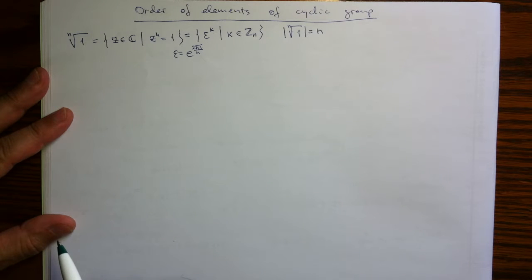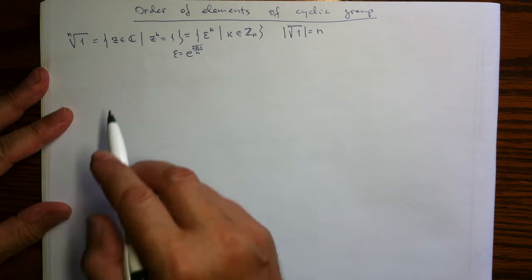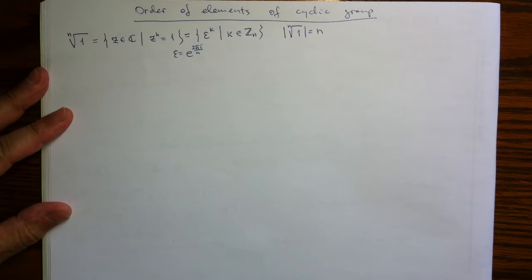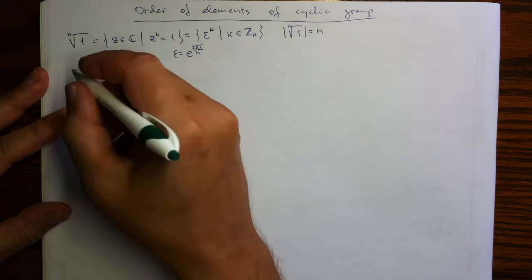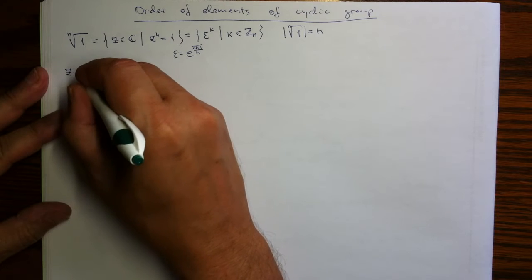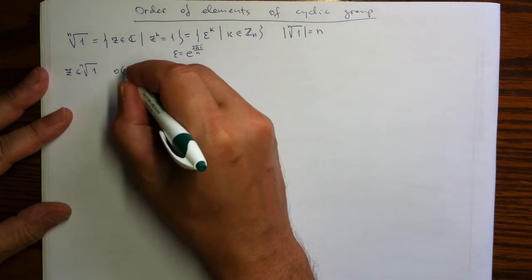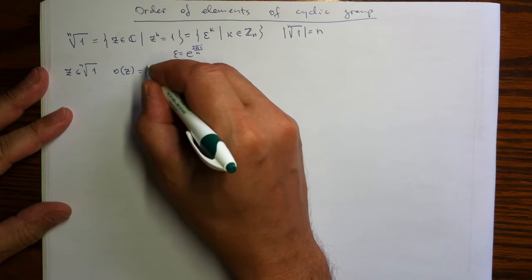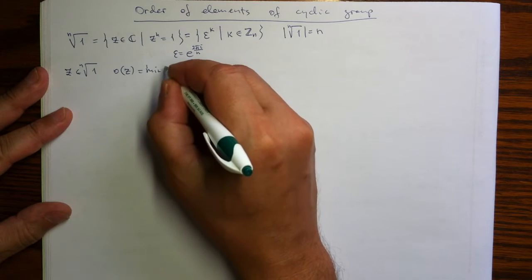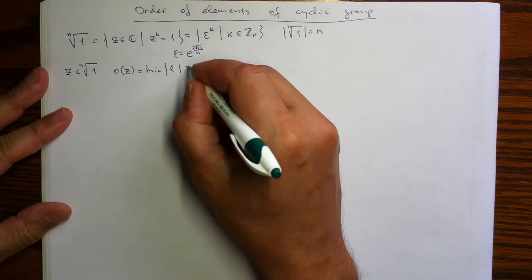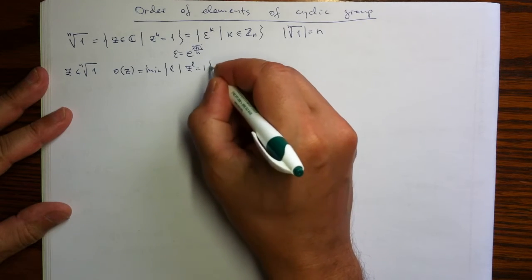So let's look at the distribution of orders of those roots, of complex roots of 1. Namely, let's count how many complex numbers have a given order. So first of all, what is a possible order? The order, by definition, is the smallest power which is equal to the identity element.